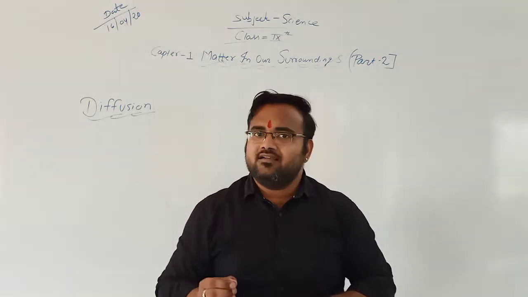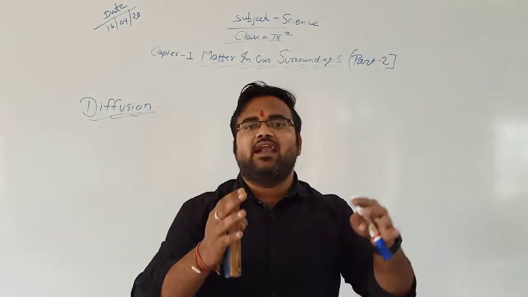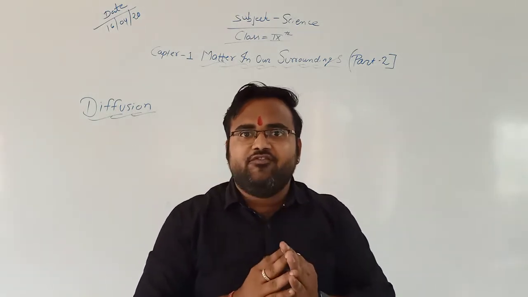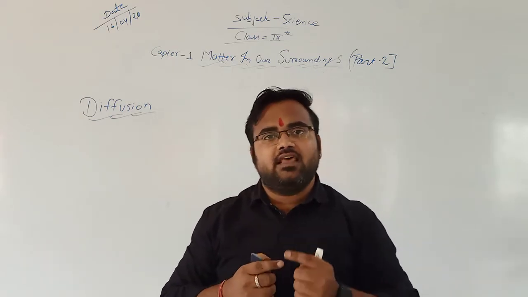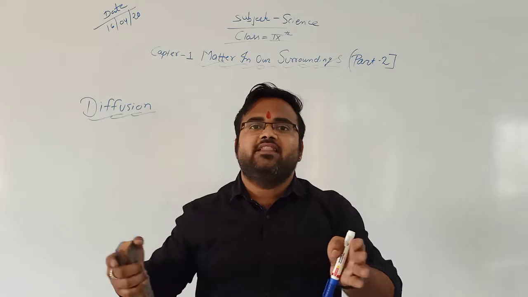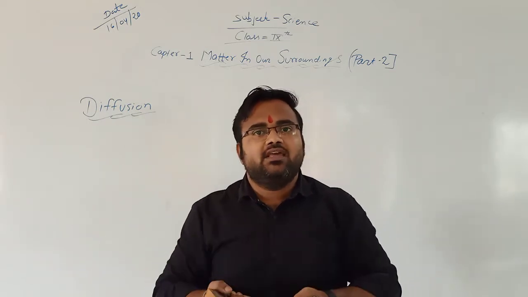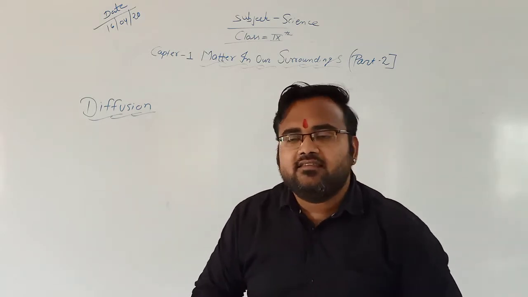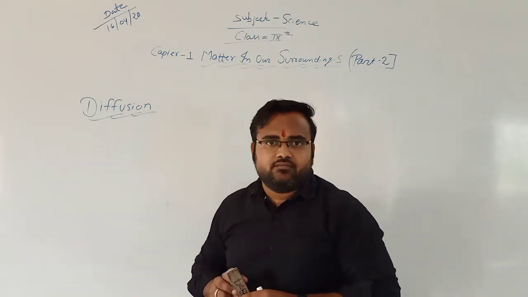Since the particles have Brownian movement, that means random, or we can say zigzag motion, each and every particle of matter is having zigzag motion, and when they collide with the surrounding air particles, then they will mix with each other, and this concept is known as diffusion.